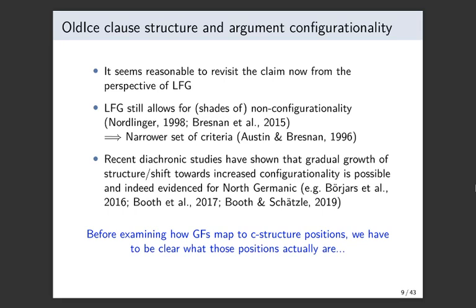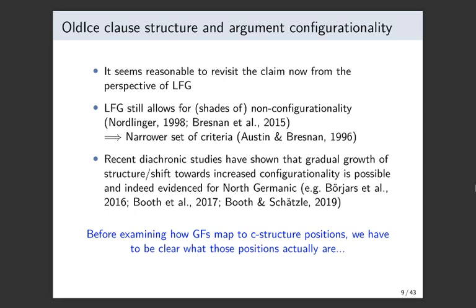Secondly, recent diachronic studies have shown that the gradual growth of structure and with it a shift towards increased configurationality is possible. And indeed, this has been evidence for North Germanic. So this is heading away from a black and white view of configurationality and actually seeing that you can have a gradual shift over time.